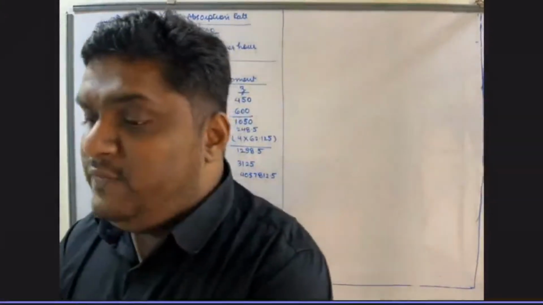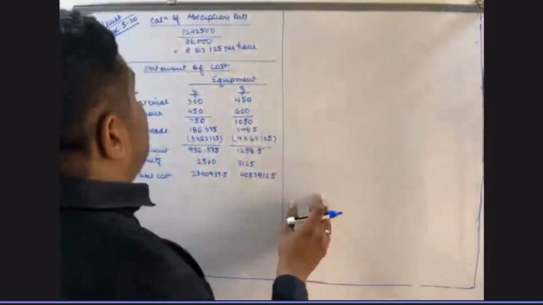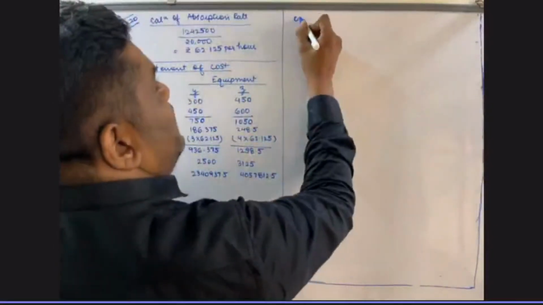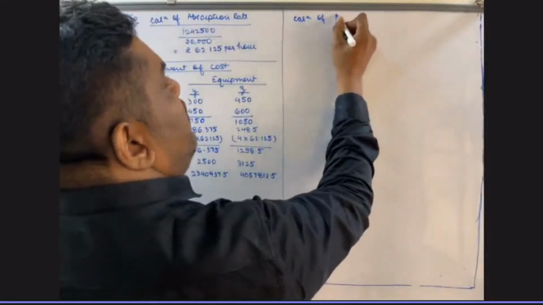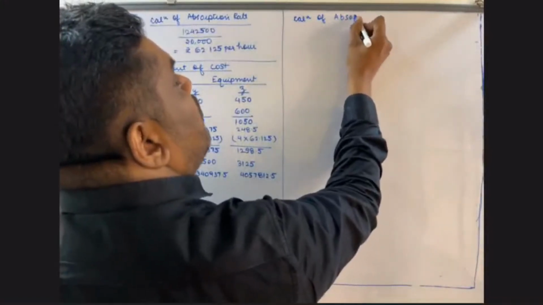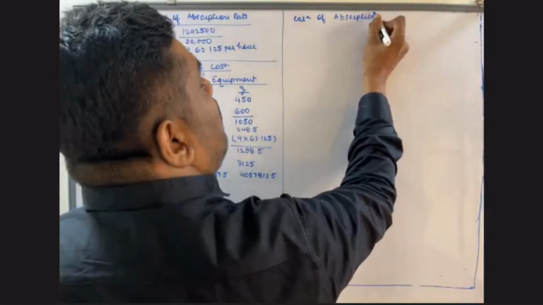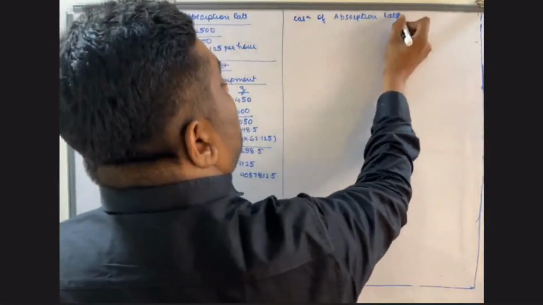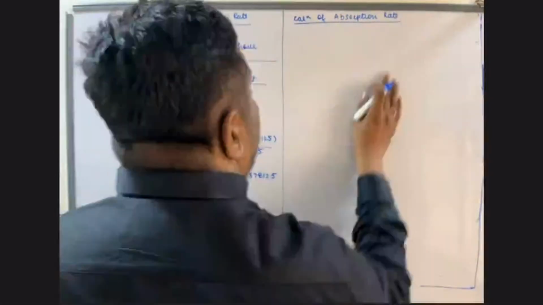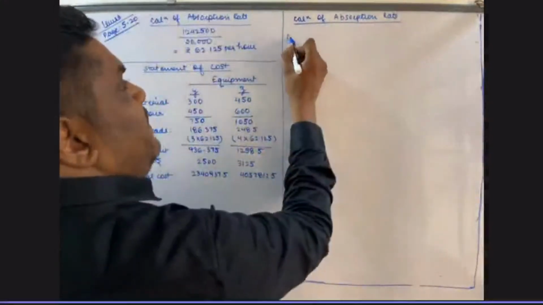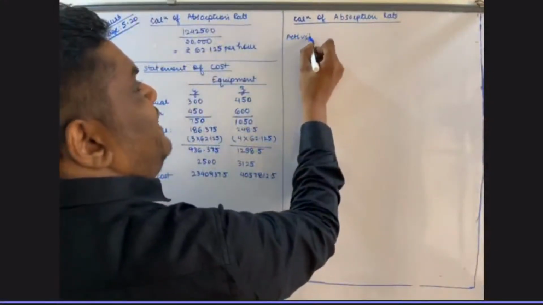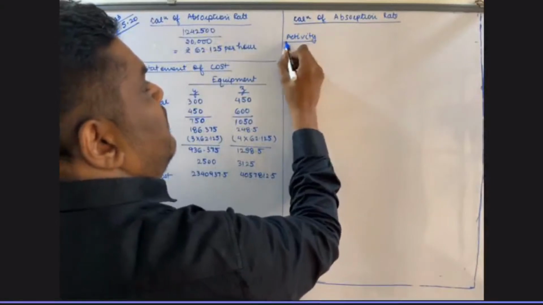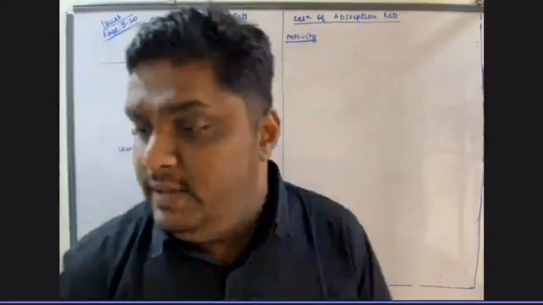Now let's proceed further with the next part, wherein when talking about ABC also we have to calculate the absorption rate. So calculation of again the same approach, activity. What all activities are there? We have to first identify the activity.